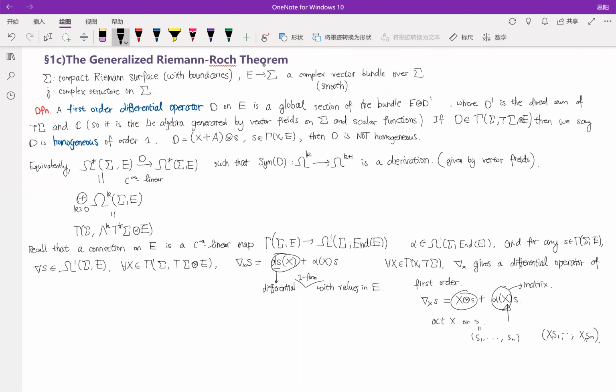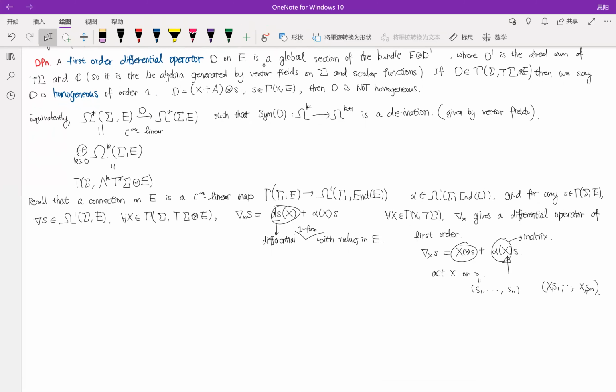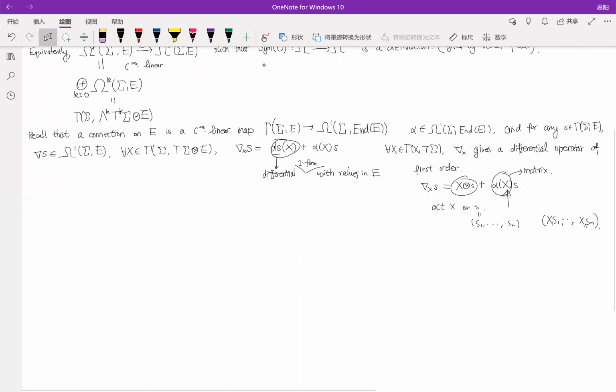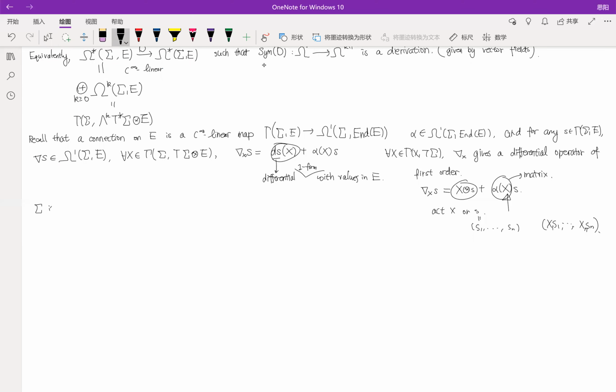So this gives us a point of view of what a differential operator on a vector bundle looks like. On the other hand, sigma is a Riemann surface, so it is a compact manifold, and we can decompose its cotangent bundle into the direct sum of two different parts.